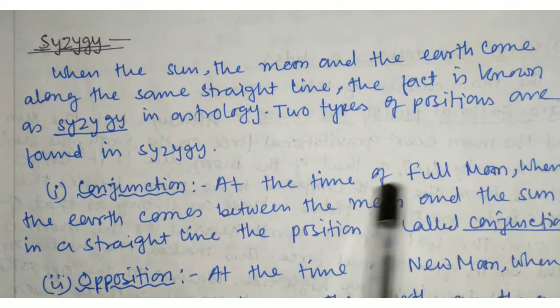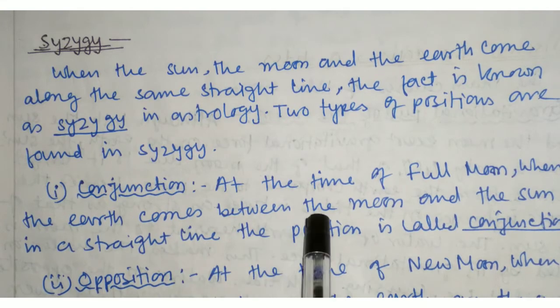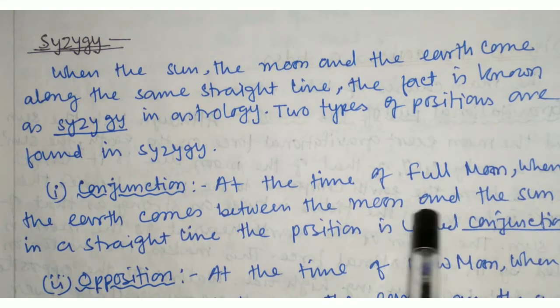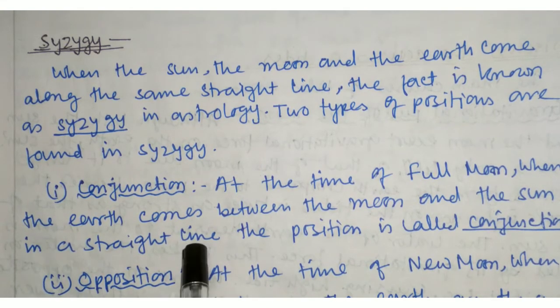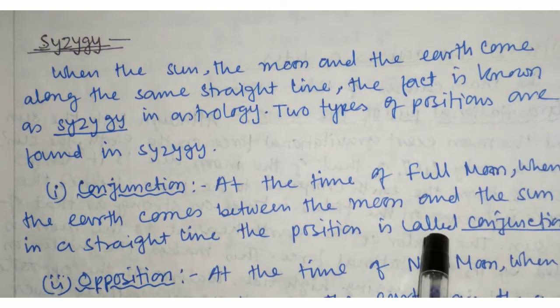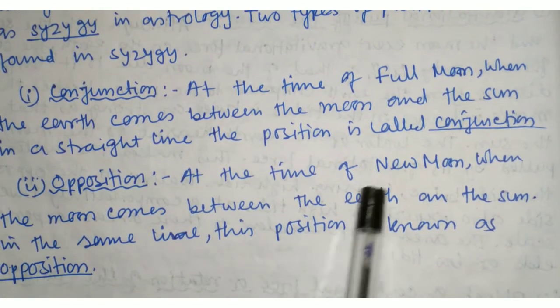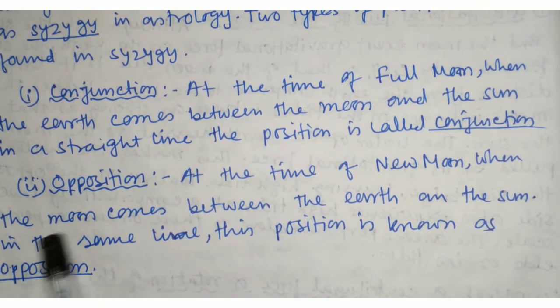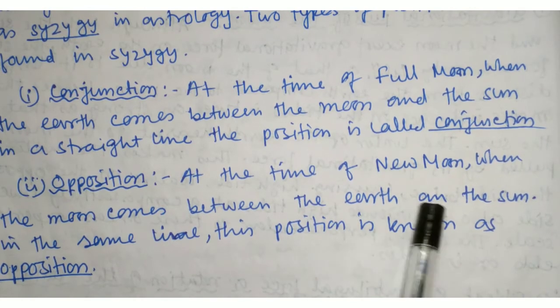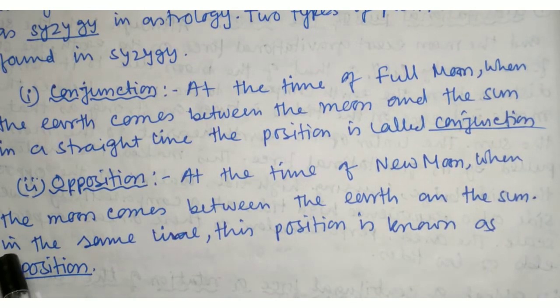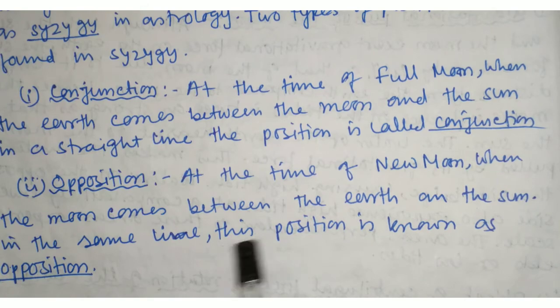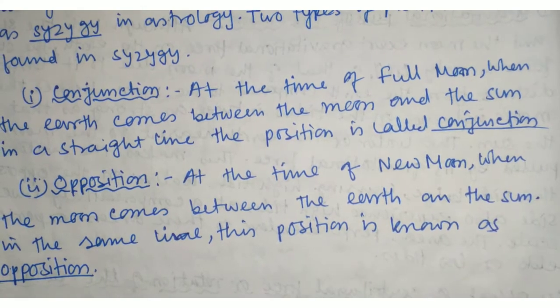Conjunction: at the time of full moon, when the earth comes between the moon and the sun in a straight line, the position is called conjunction. Opposition: at the time of new moon, when the moon comes between the earth and the sun in the same line, this position is called opposition.